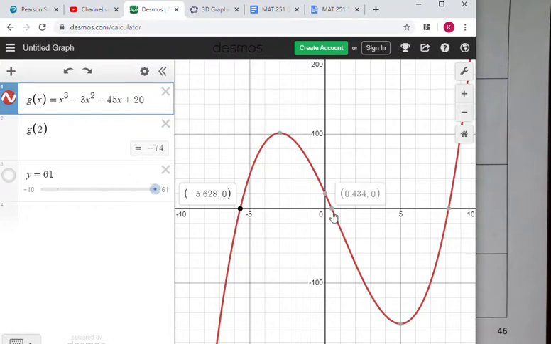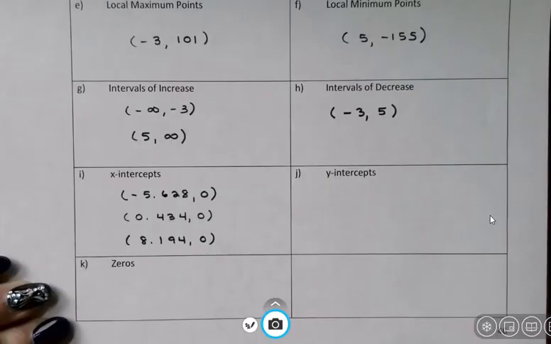There's another x-intercept over there at 0.434, 0. And then the final x-intercept is at 8.194, 0. All of the places where the graph crossed the x-axis. And there they are listed.